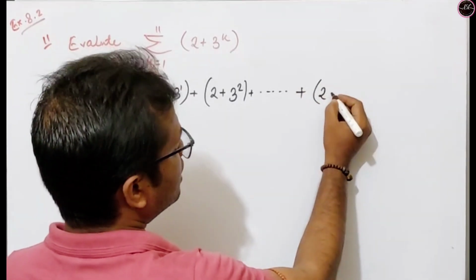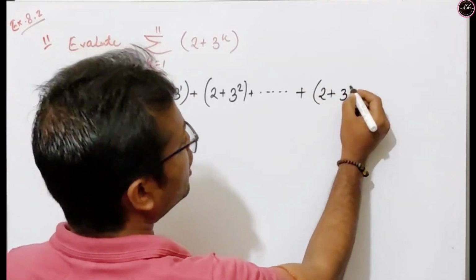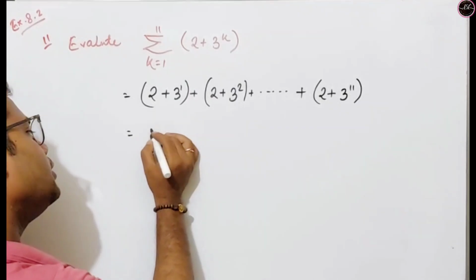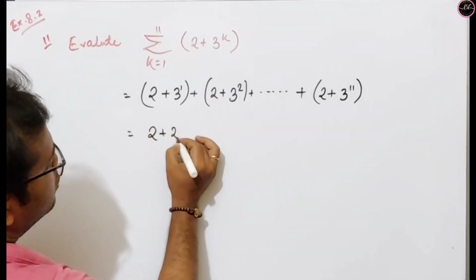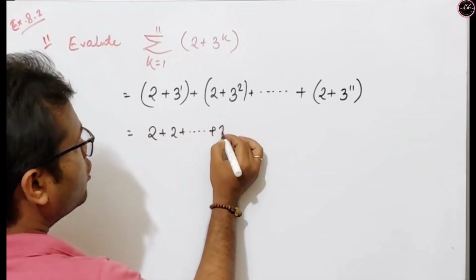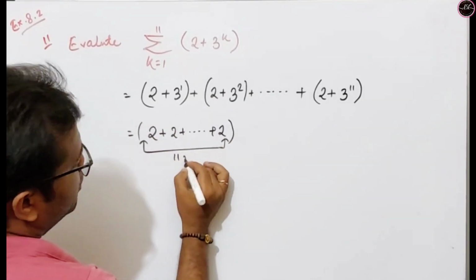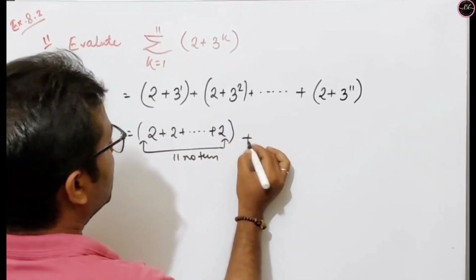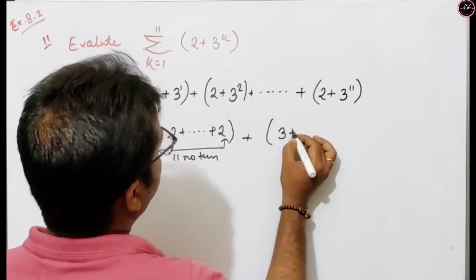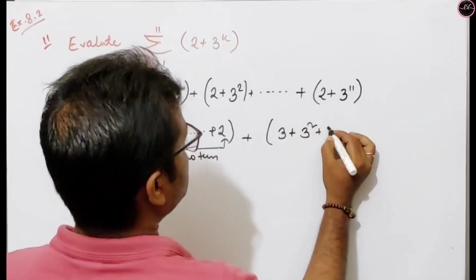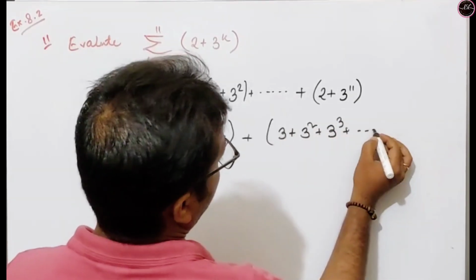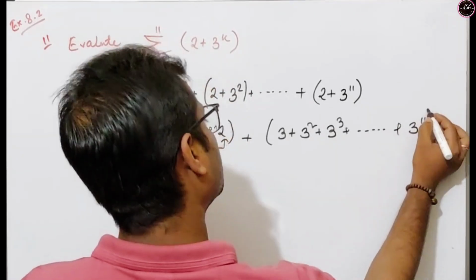So the last term, the 11th term, will be 2 plus 3 to the power 11. Here if we divide this, we have 2 plus 2 plus dot dot dot 2, that is 11 terms, plus 3 plus 3 square plus 3 cube plus dot dot dot 3 to the power 11.